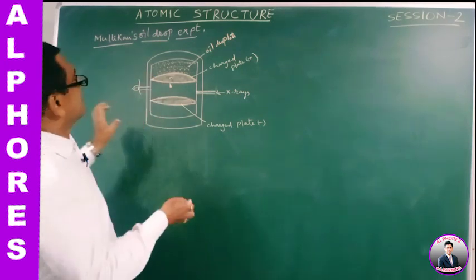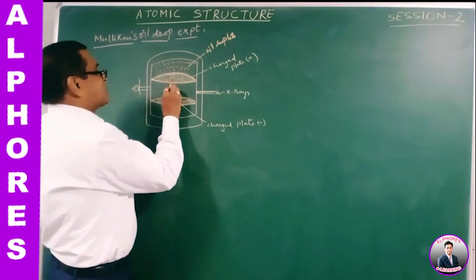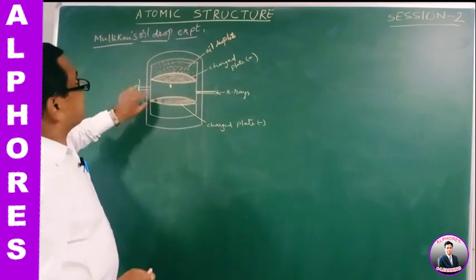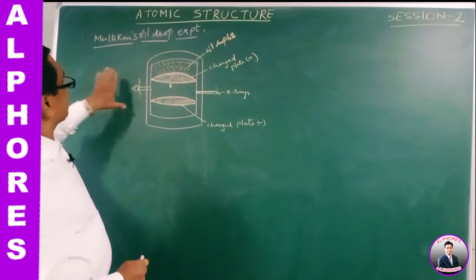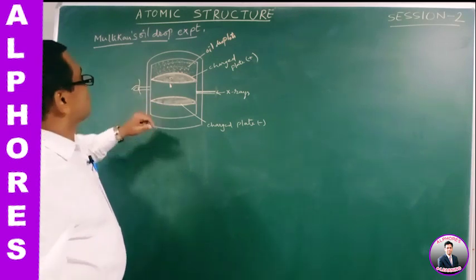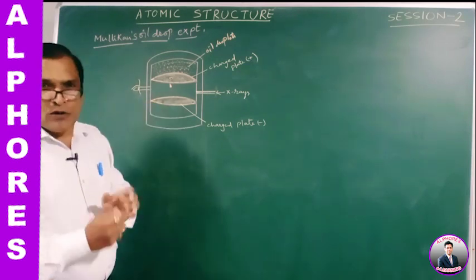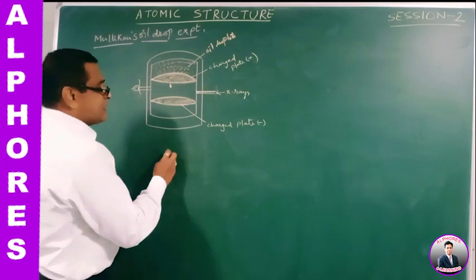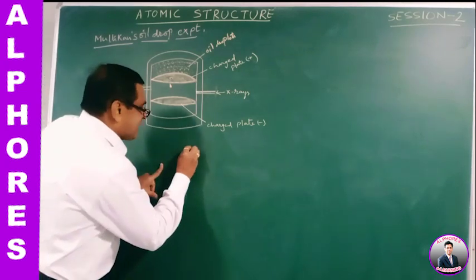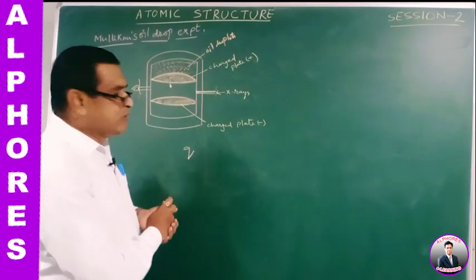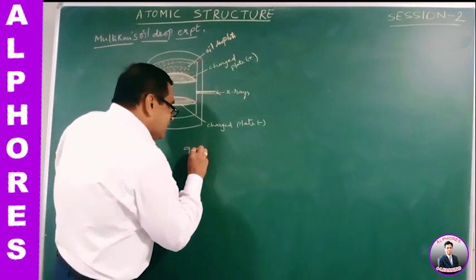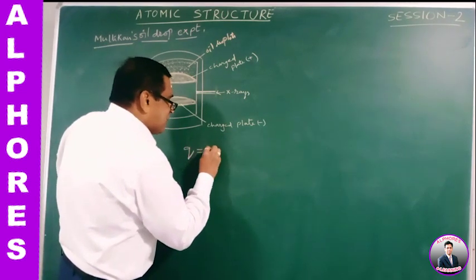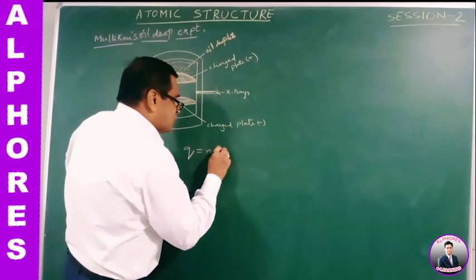The electrons deposited on the oil droplets are carefully viewed through the telescope. Millikan finally concluded that the electrical charge deposited on an oil droplet is always an integral multiple of the electrical charge of the electron.